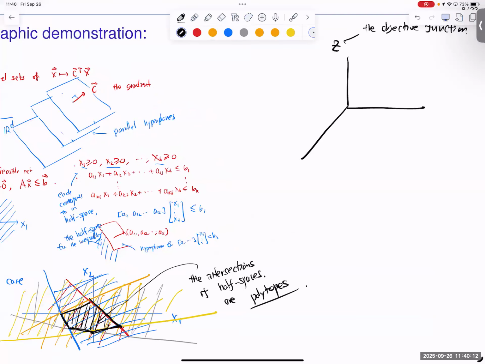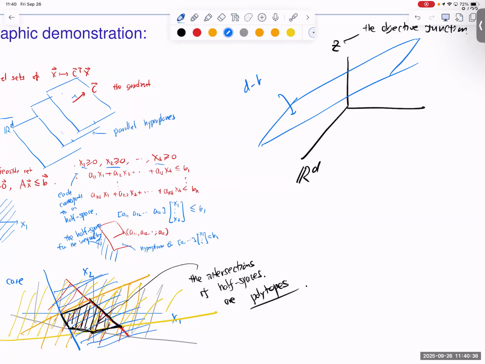Then this base is like R^d, our domain of the decision variables. Then the objective function is a linear function, so its graph in this space is some kind of d-dimensional hyperplane.